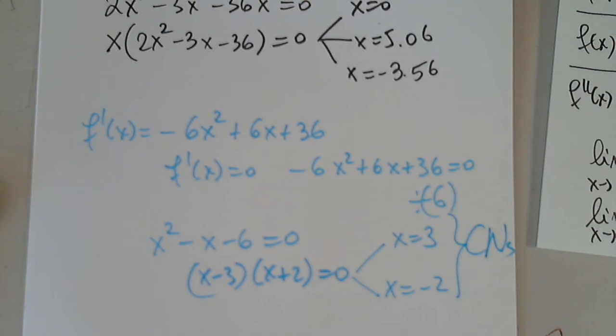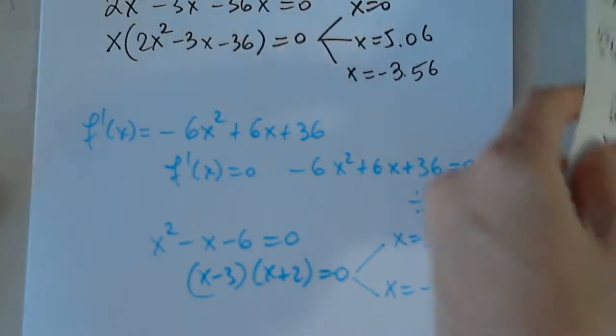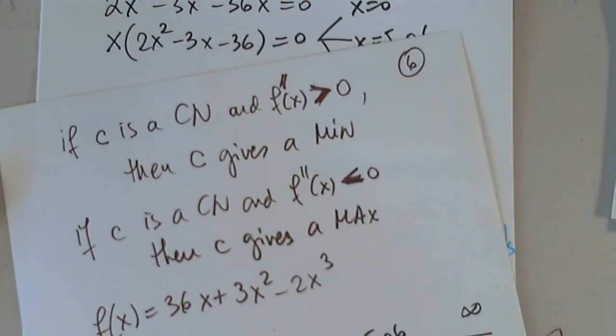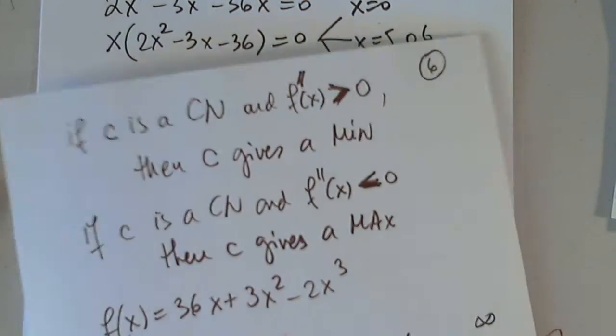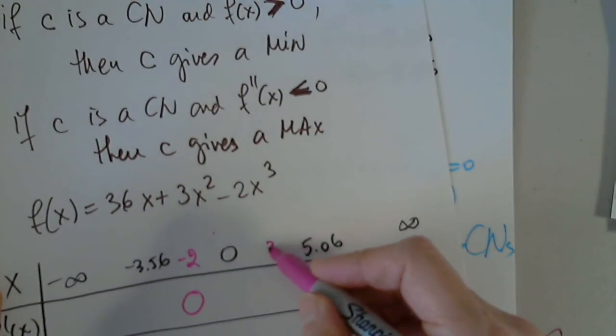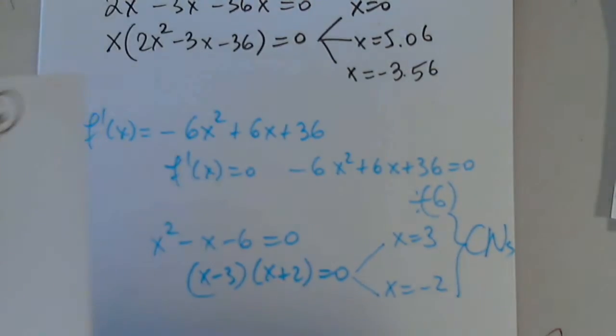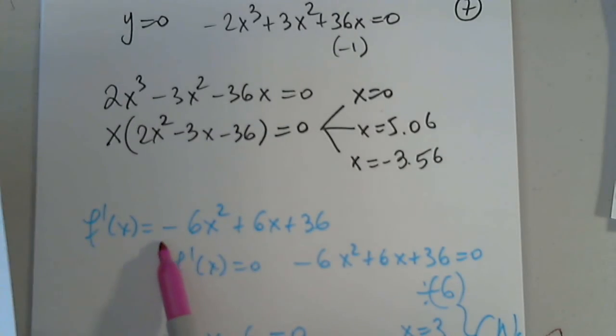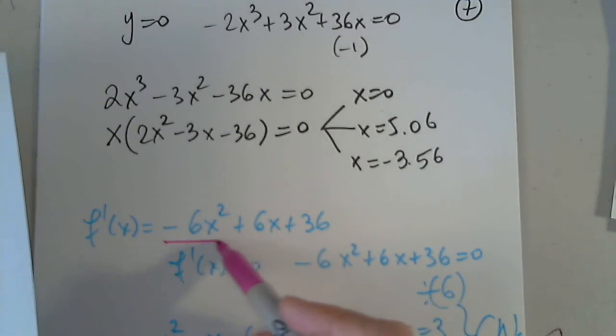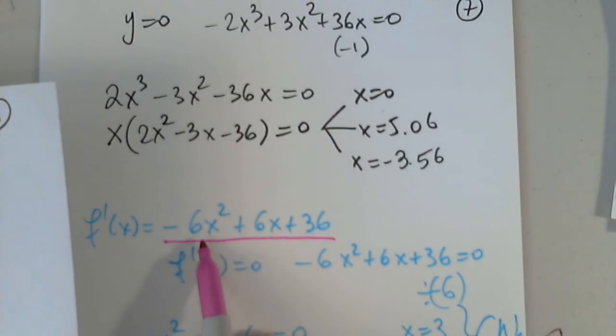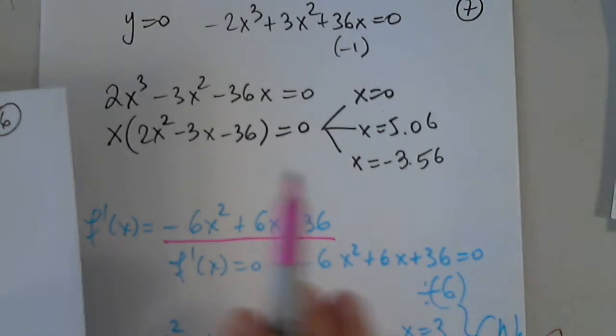I will go back to the table and punch them in. So let's see where we put in negative 2. Okay, I have some room for negative 2. Then I have to put in 3. The first derivative is a quadratic function with a negative leading coefficient. So I know it has a maximum.